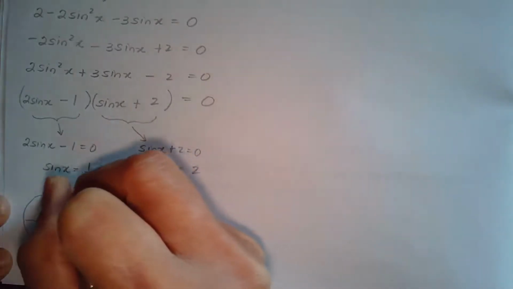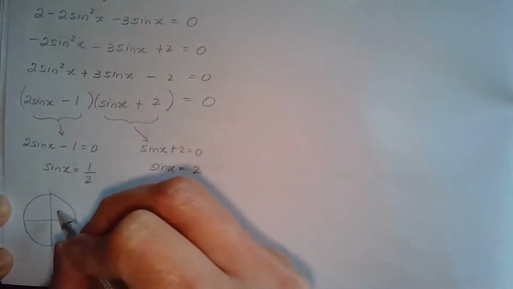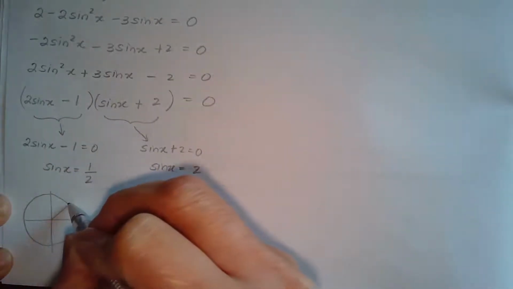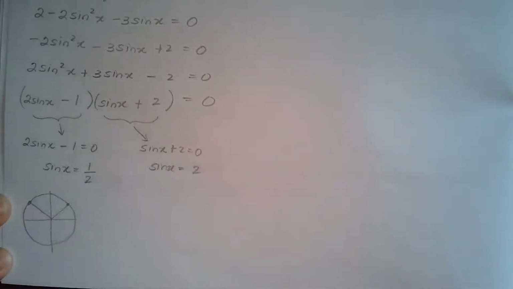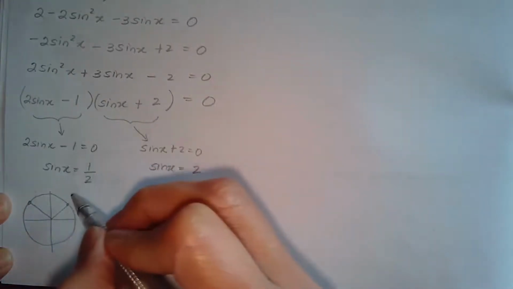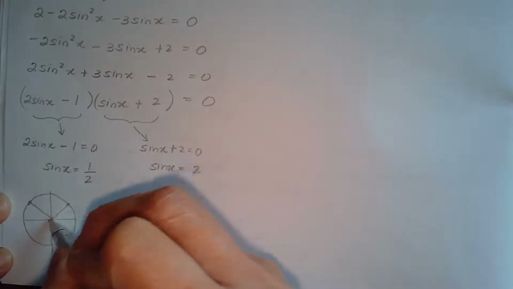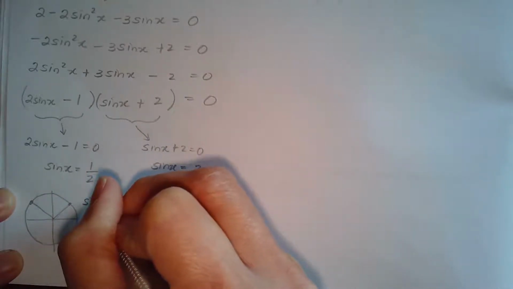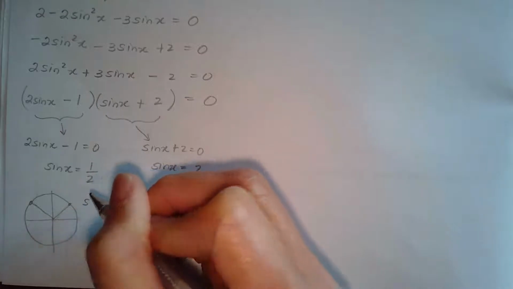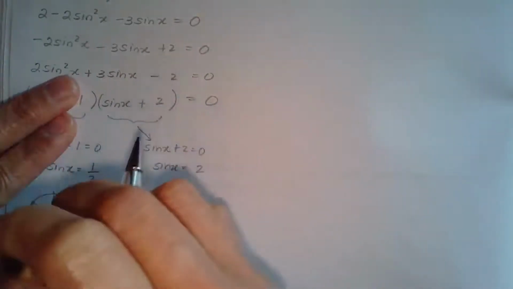Well, first of all, where is sine positive? Sine is positive in quadrant 1 and quadrant 2. So where is sine 1/2? If you go here, sine of x equals 1/2. That's a special angle.